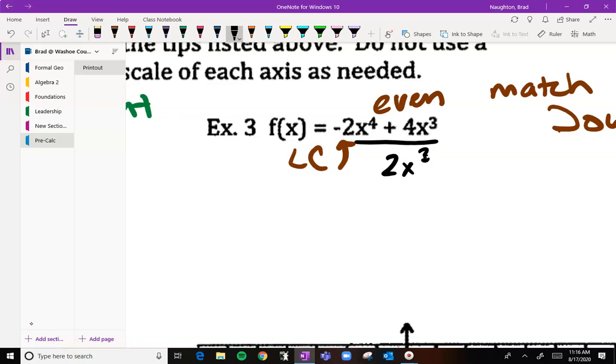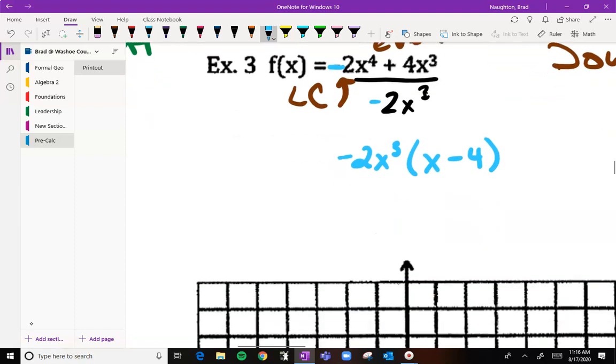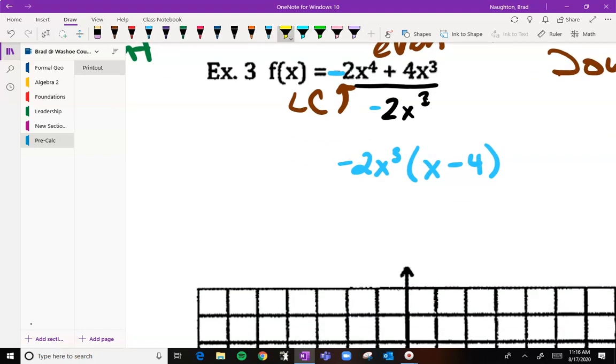Now I'm a fan, because this is a negative right here, of taking out a -2. So this would be -2x cubed times (x minus 4). Remember, everything with an x is what we care about for multiplicity and zeros.